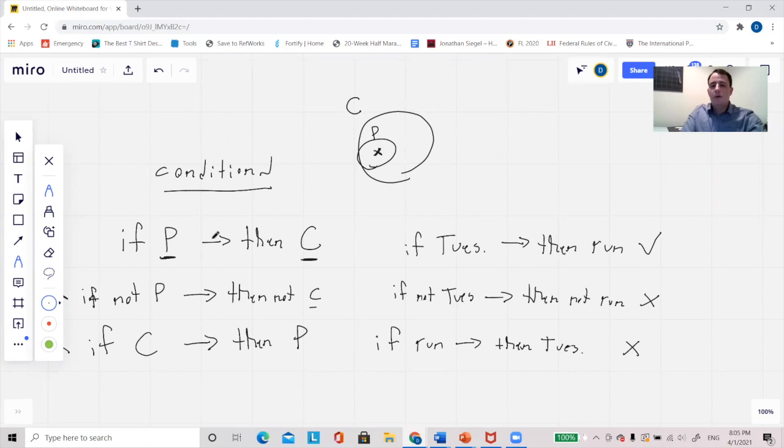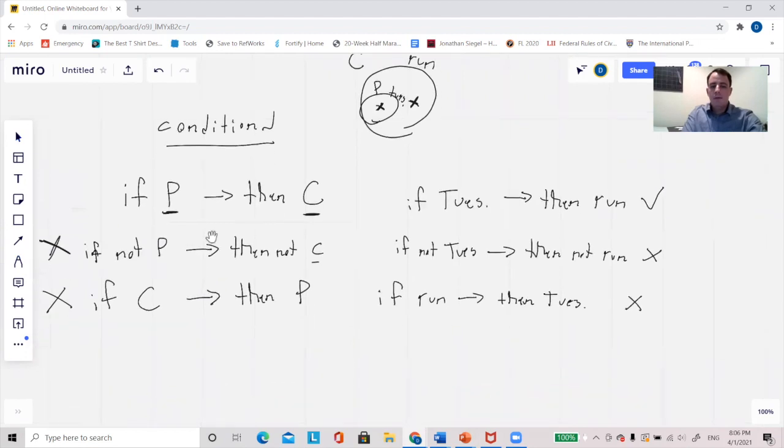Within the circle of every night that I go running, every time that it's Tuesday night exists within this larger circle. But that doesn't mean that there aren't instances that I go running outside of Tuesday night that still exist within this circle of nights that I go running.